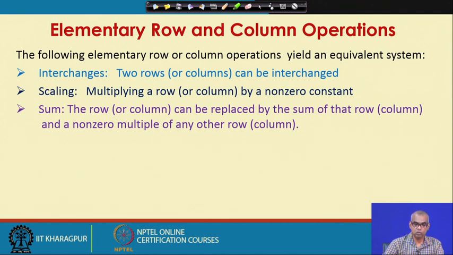You can also perform column operations. So, a column can be replaced by the sum of that column and a non-zero multiple of any other column. These 3 operations are known as elementary operations, and by performing them, you will get an equivalent matrix or equivalent system.